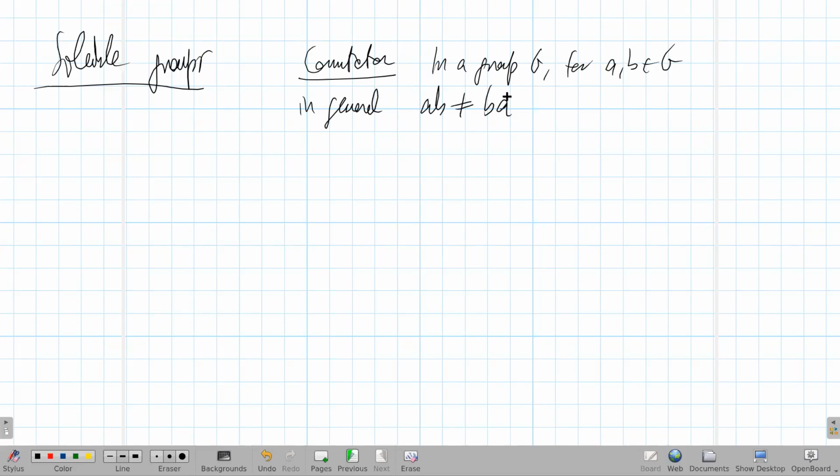What it means is that there will be pairs of elements commuting, but if the group is non-abelian, by definition, there will be pairs like this. So the commutator of a and b is an element that measures the difference between these 2 products. There are 2 possible definitions. I'll write down one and comment on the other. You see, this is the inverse of this times this.